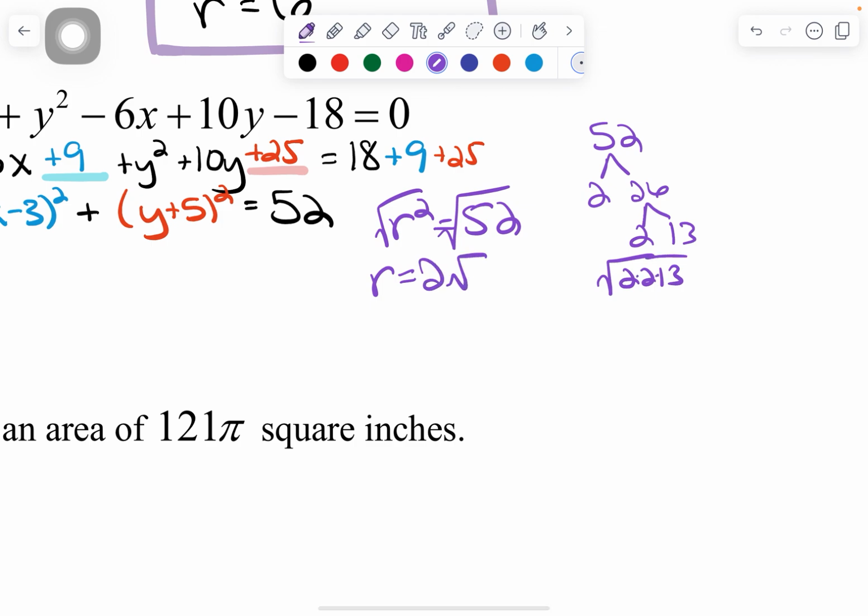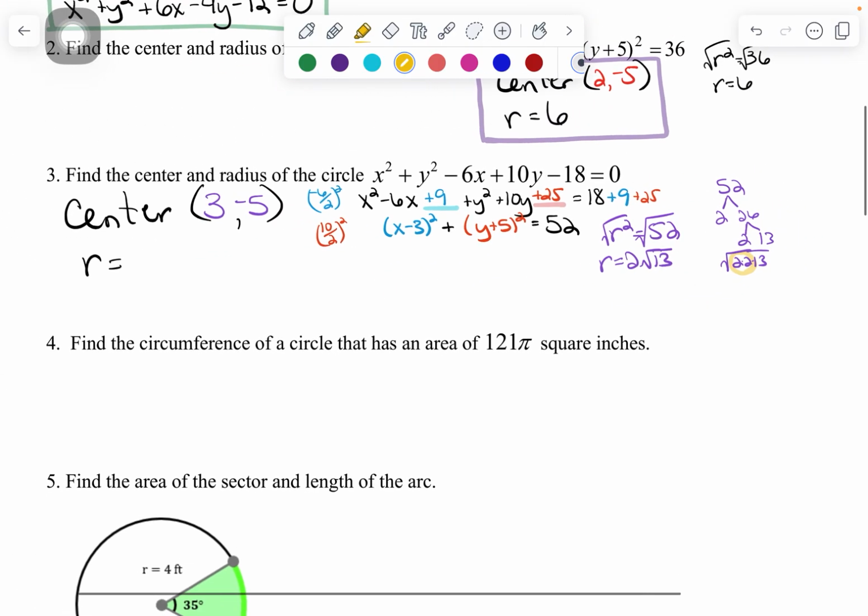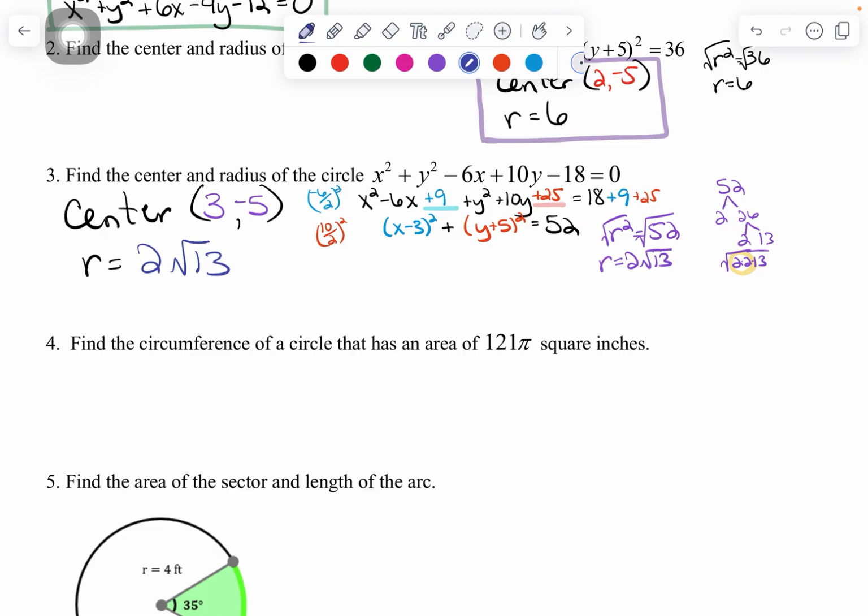So that's going to be 2 root 13 because you have a pair of 2's. Those get to escape the radical, and what didn't pair up does not escape the radical. So it's going to be 2 root 13 as my radius. So 2 root 13. All right, so there's the answer to question number 3.